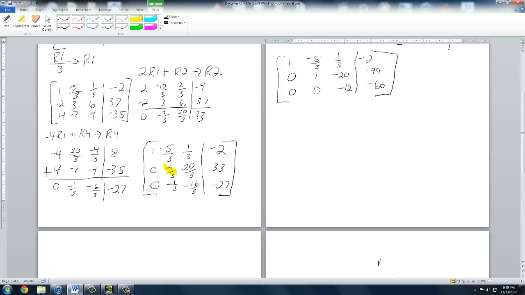Okay, so how do we make negative 12 a 1? Well, we're going to divide row 3 by negative 12.